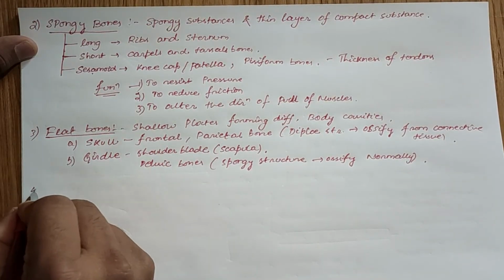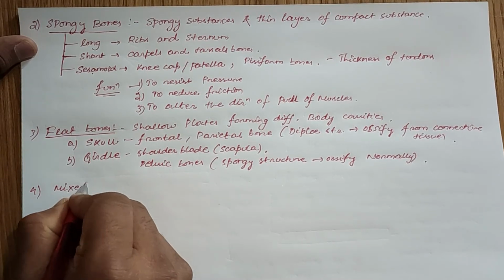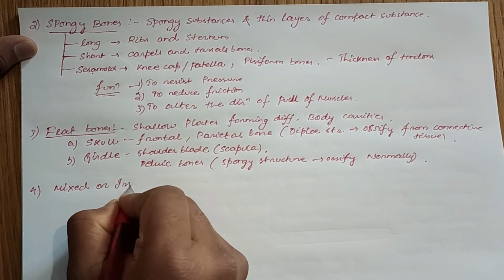Then the fourth one is the mixed or irregular bones.